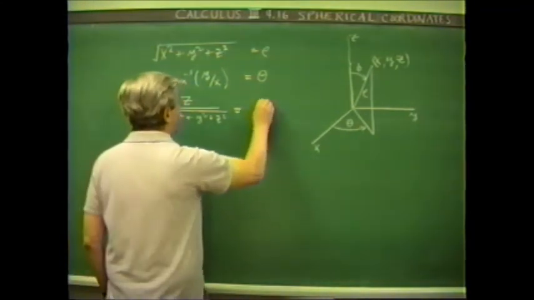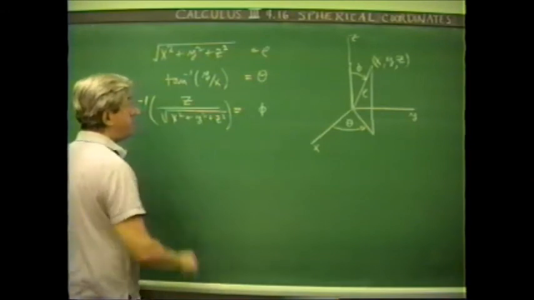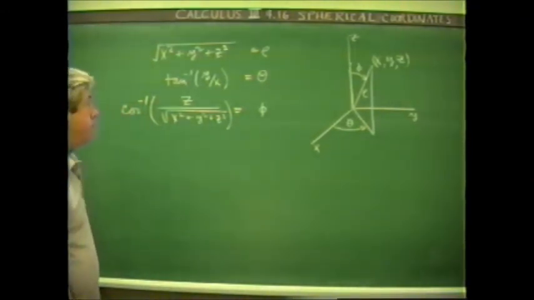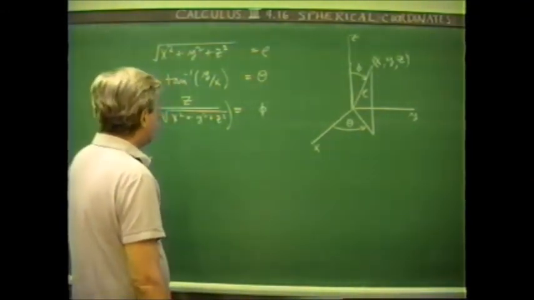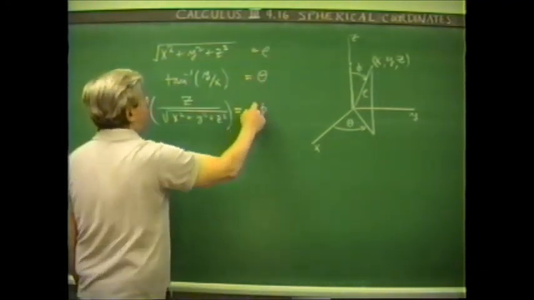So phi, for example, can be computed as the cosine inverse of this quantity. Okay, so given x, y, and z, you can find rho, theta, and phi.